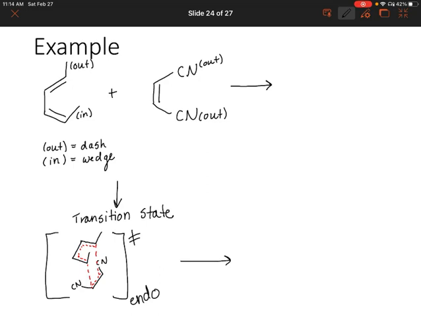Okay, so then we know we form that boat conformation with a double bond at the backside there. And now we have to figure out, where do all of these substituents point? Where are they pointing towards or away? So the cyanide groups, we said, were in the endo position, so that means they're going to point downward.